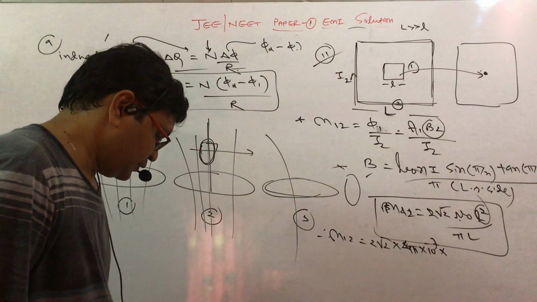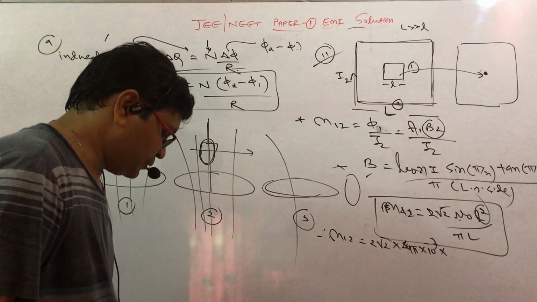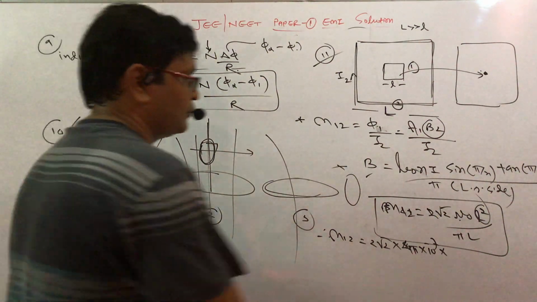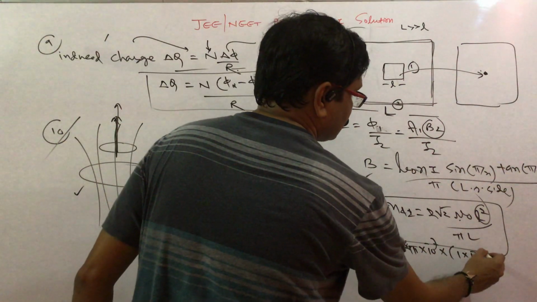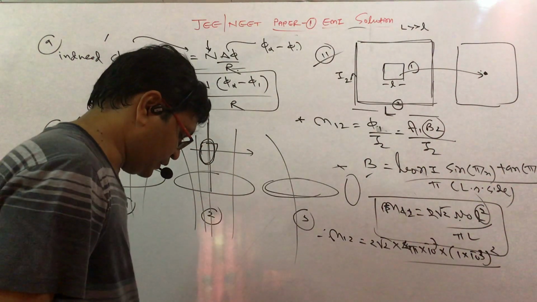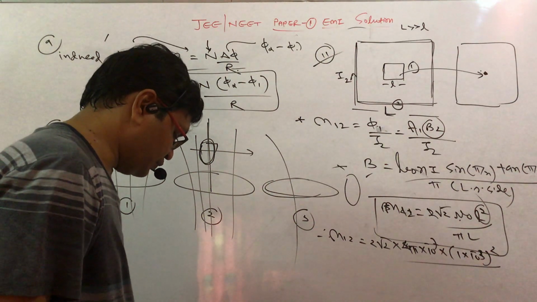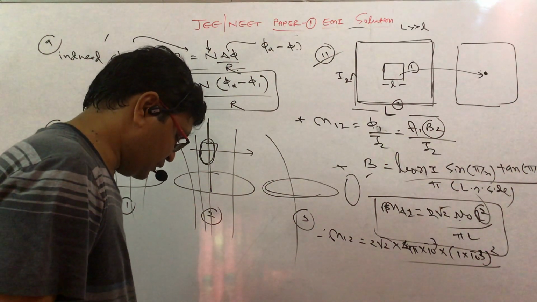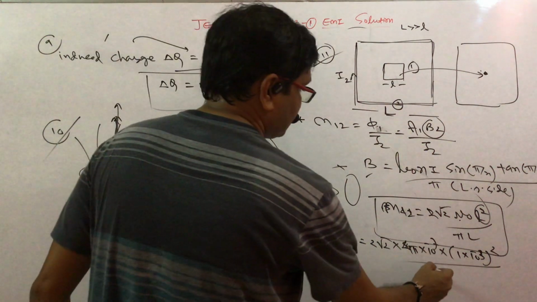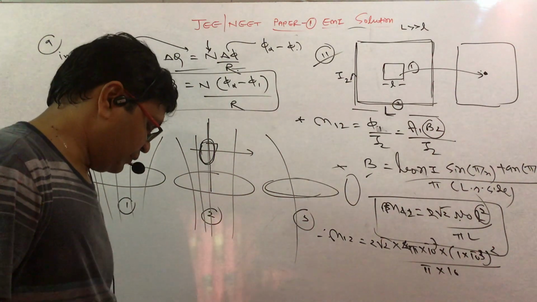As per the given data, the length of the inner side is 1 mm. So 1 into 10 raised to minus 3, squared, because I converted to meters. And the outer is given as 1 meter. So pi into 10. Simplify by putting all these values.